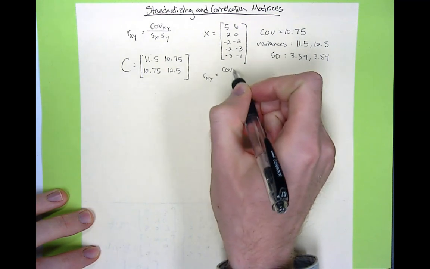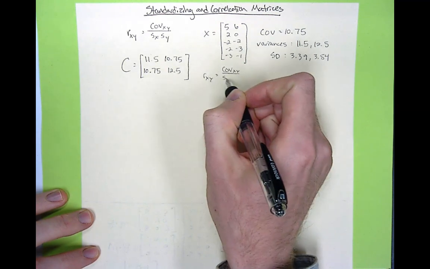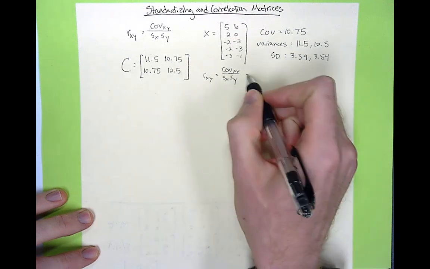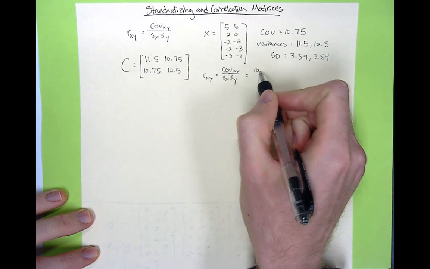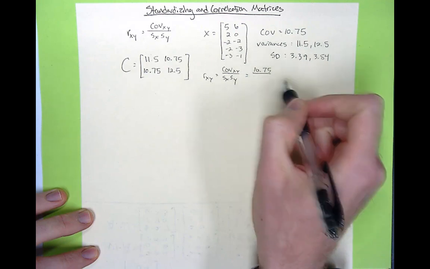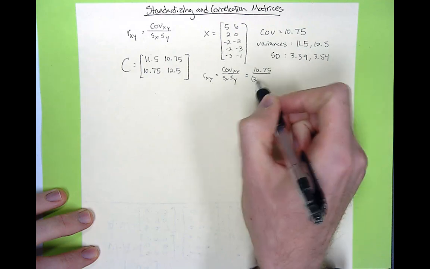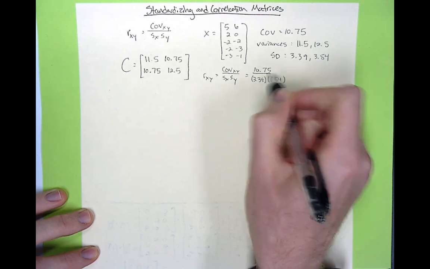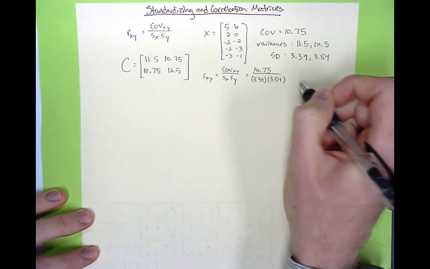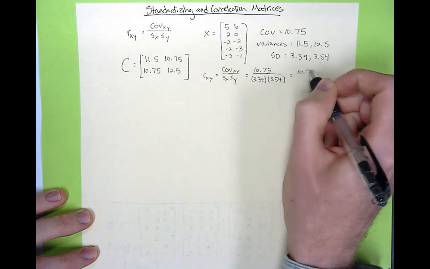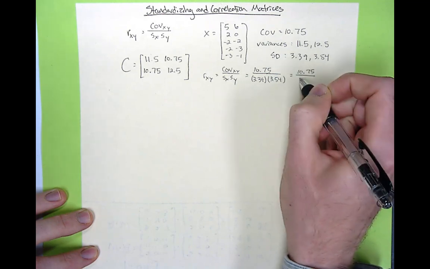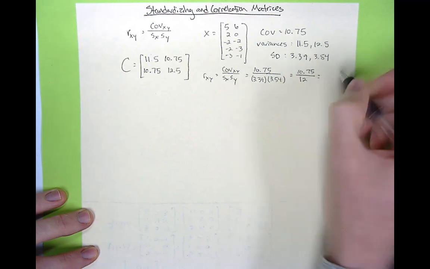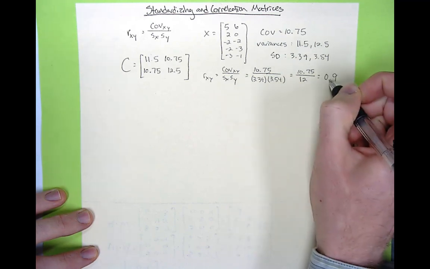It's the covariance of x, y, divided by the standard deviation of x, standard deviation of y. So we know the covariance is 10.75, standard deviation 3.39 times 3.54. We can reduce that. We'll get about 12 here, and it equals 0.9.